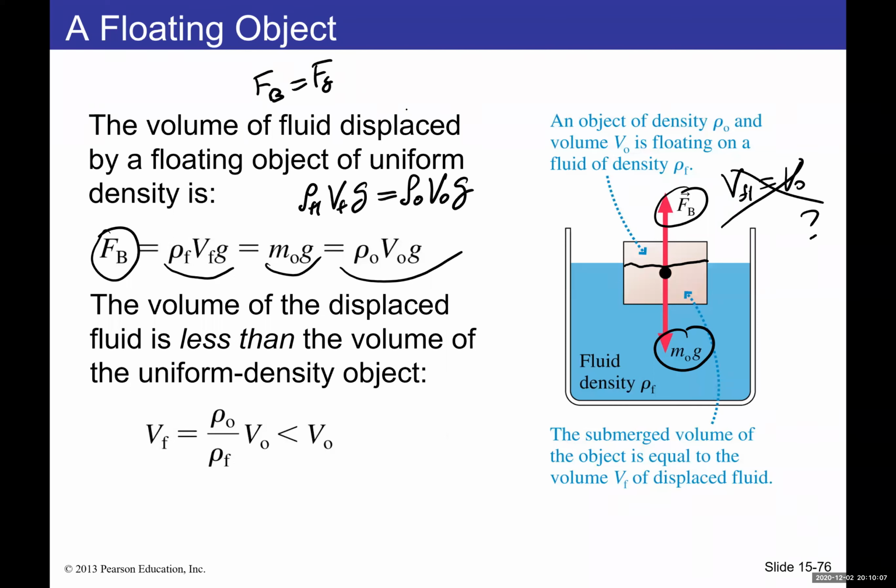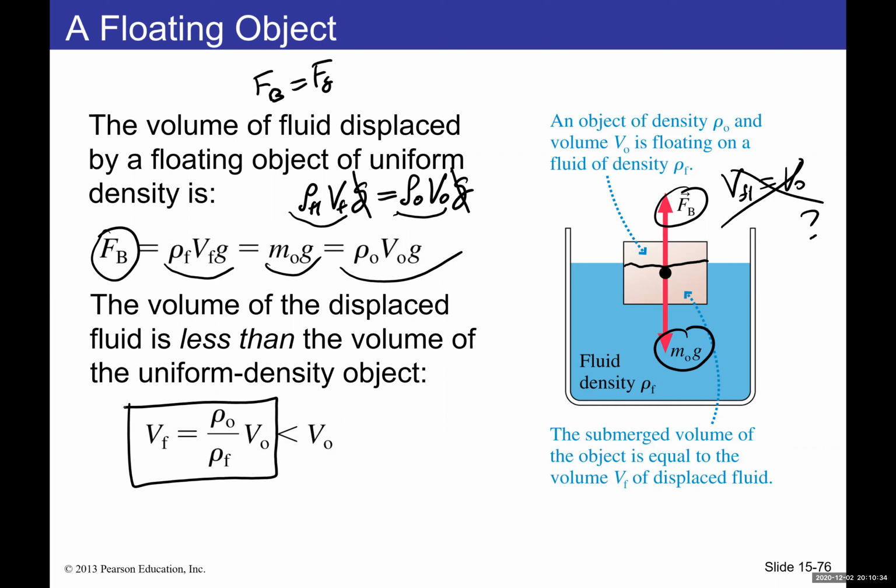From here we can cancel the g from both sides, so the product of density and volume of the fluid equals the product of density and volume of the object. Then I can divide both sides by the density of the fluid, and we have this equation: the volume of the fluid equals the ratio of the density of the object over the density of the fluid, times the volume of the object.